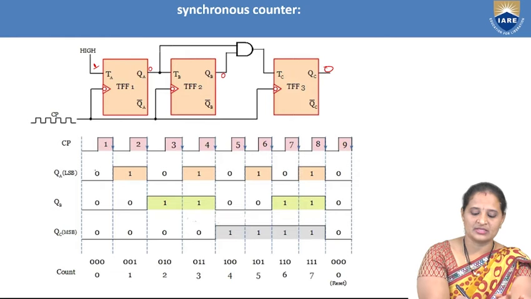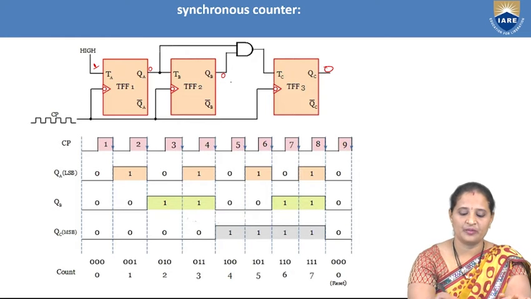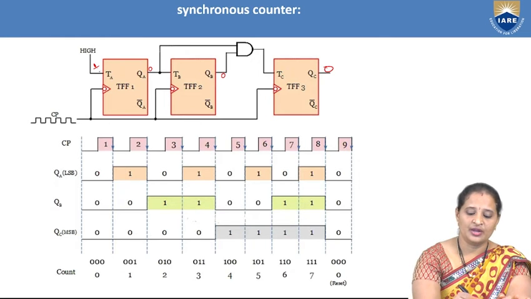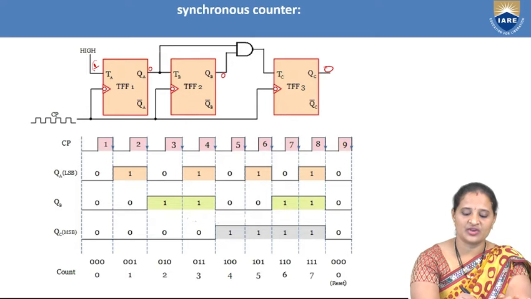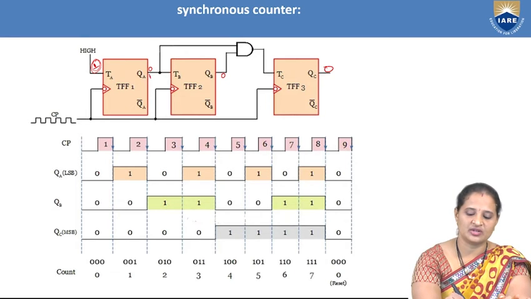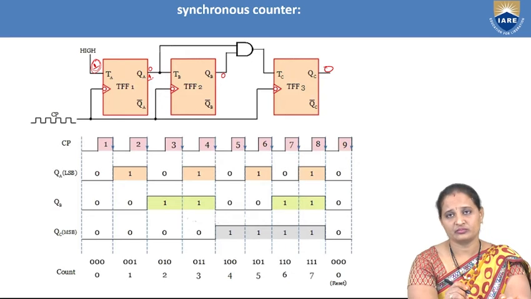As the initial state was 000, during the negative edge of the clock, as we are applying the first flip-flop with the input 1, the state of the flip-flop will be toggled, so it will be changed to 1.